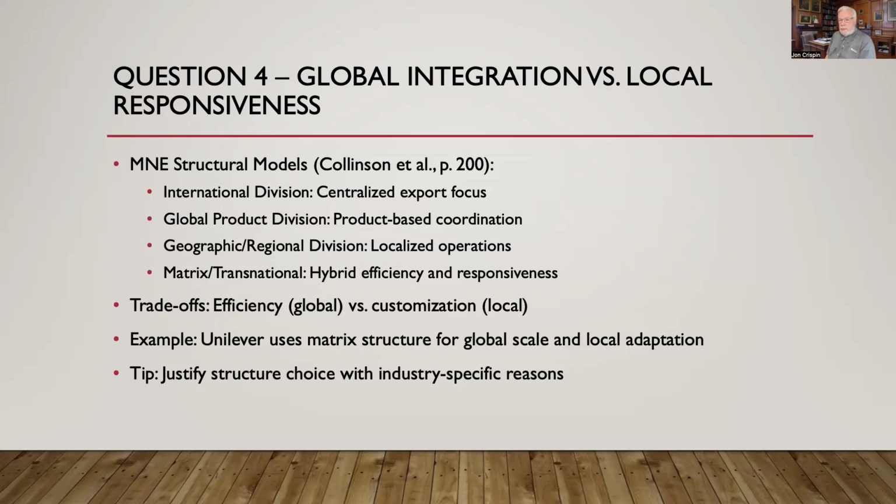So there are a number of different types of trade-offs there that are worth digging into and explaining further, given your company selected, your M&E selected.